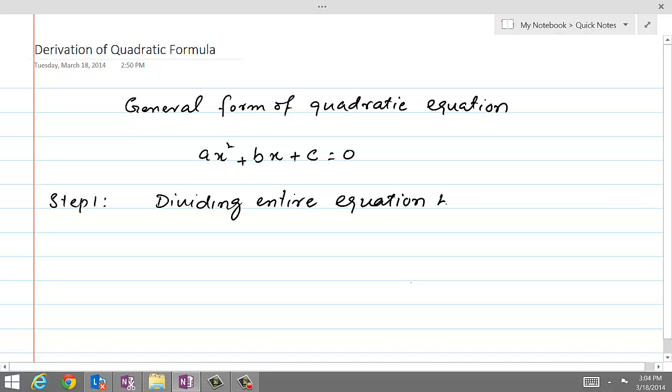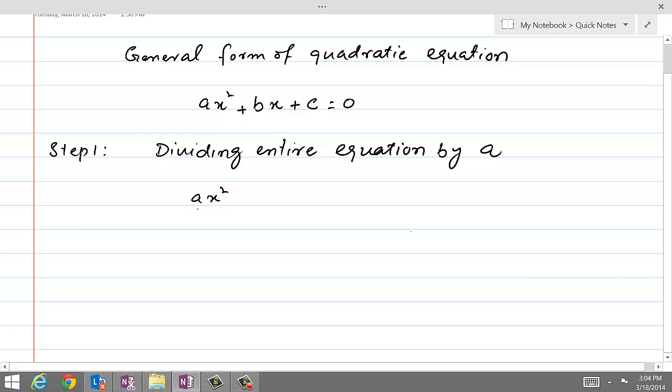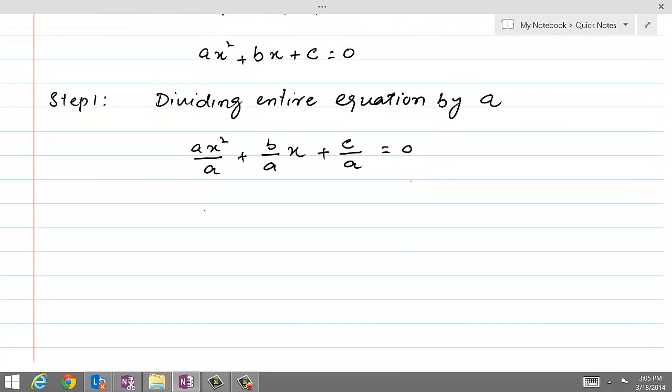Once we divide it by a, this will become ax square over a plus b over a x plus c over a is equal to 0 over a, that is again equal to 0. The a is going to cancel with itself in the numerator and denominator.